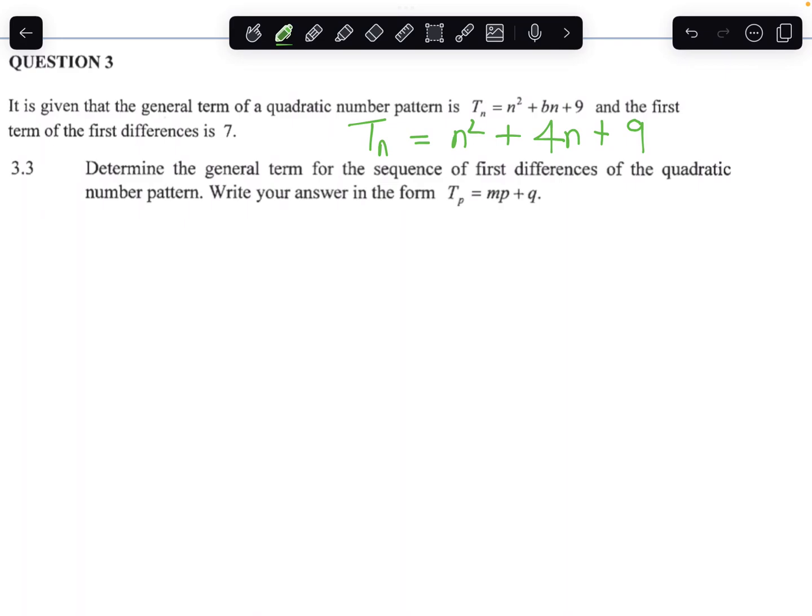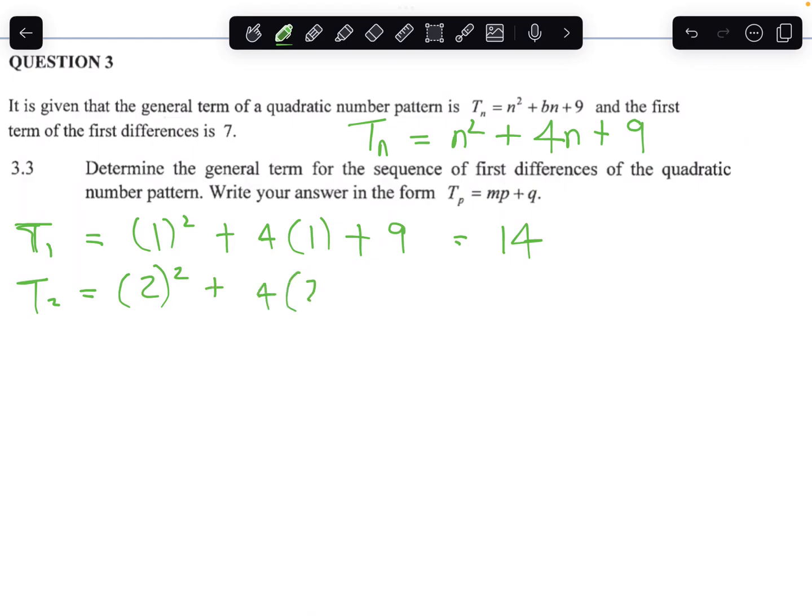The first term is 1 squared plus 4 times 1 plus 9, which is 14. Term 2 is 2 squared plus 4 times 2 plus 9, which is 4 plus 8 plus 9, 21.